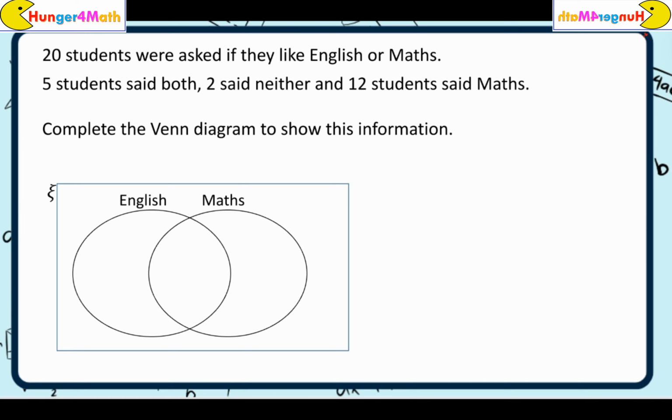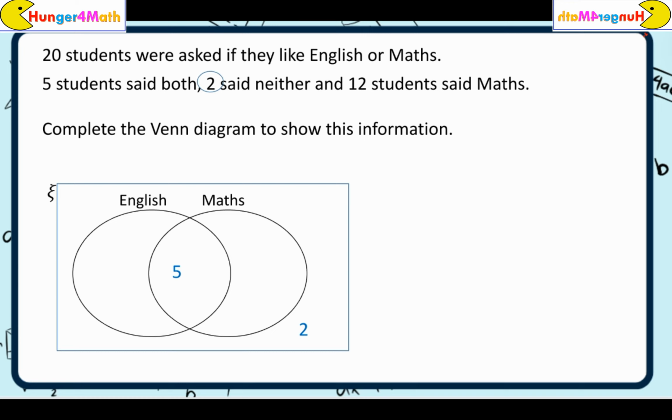Here we have a Venn diagram that is 2 circles that overlap, and starting with the 5 students who said both, we can place it in the middle because they like both English and maths. Then 2 students said neither, so we're going to put it outside the 2 circles because they don't like English or maths.